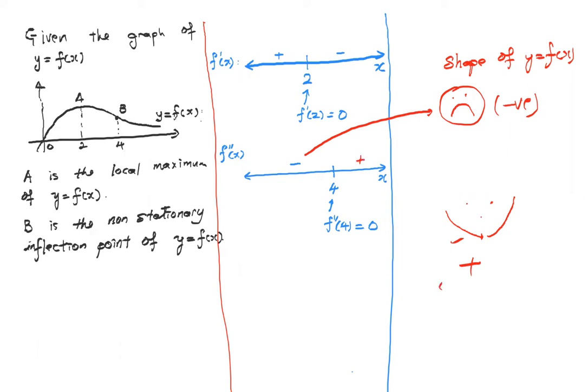So we call it convex sometimes. If you look at your book, isn't this a smile? The graph on the left is concave down, isn't it?